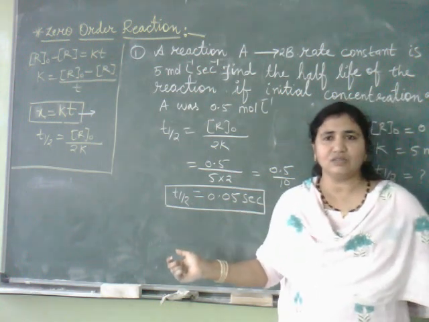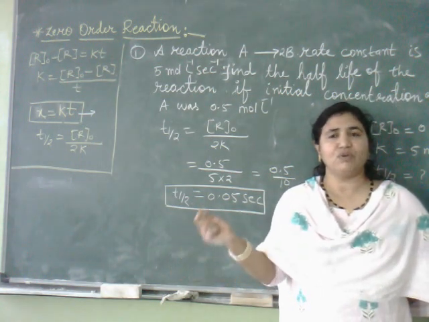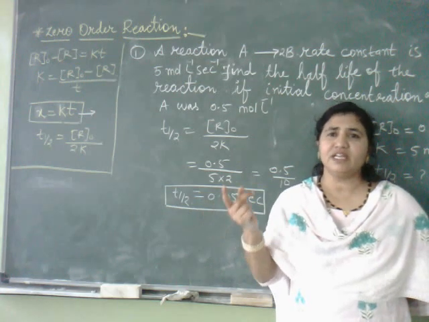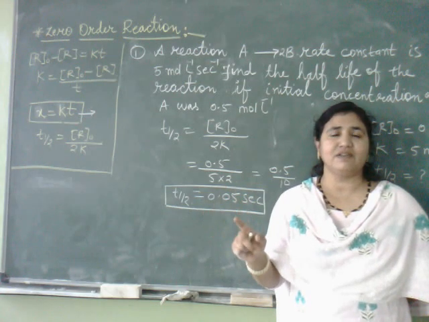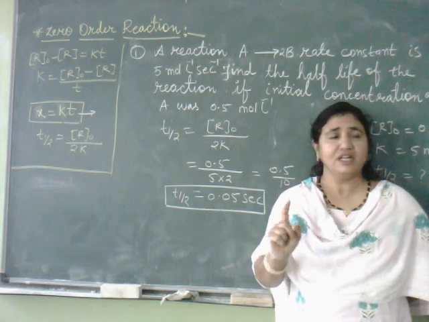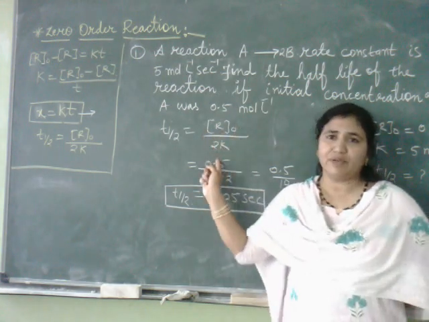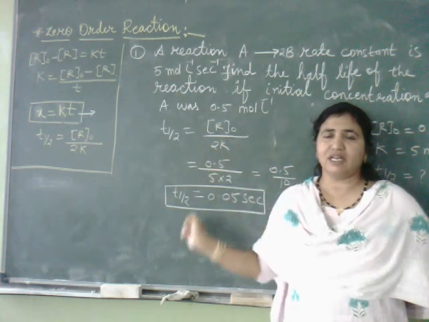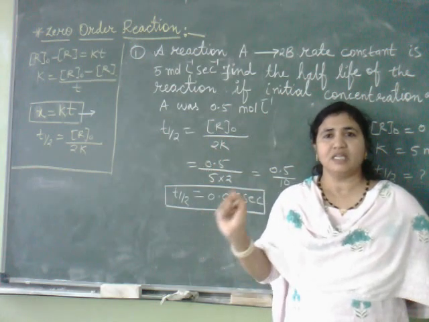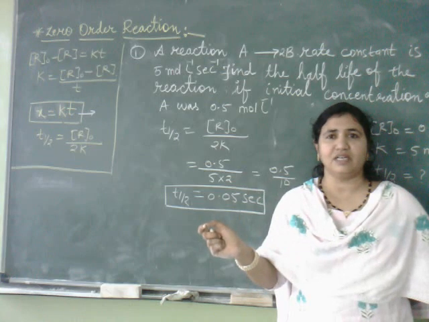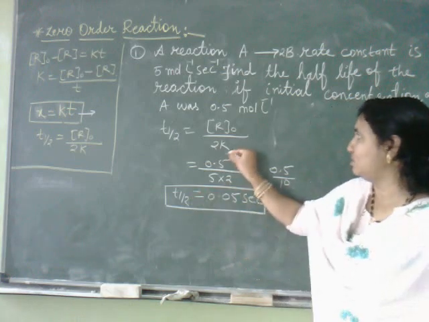So like this they can ask a question in theory, for 2 marks. They will give the rate constant value and initial concentration, and ask you to find the t half. We have the formula for that: t half is equal to R naught by 2K. Just put in the values and you will get the answer. Or sometimes they will give you the half-life and initial concentration, and ask you to find the rate constant.